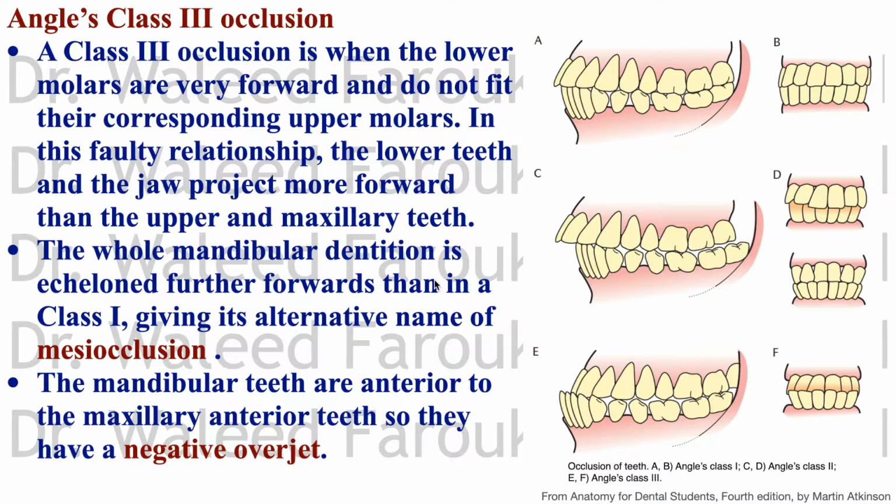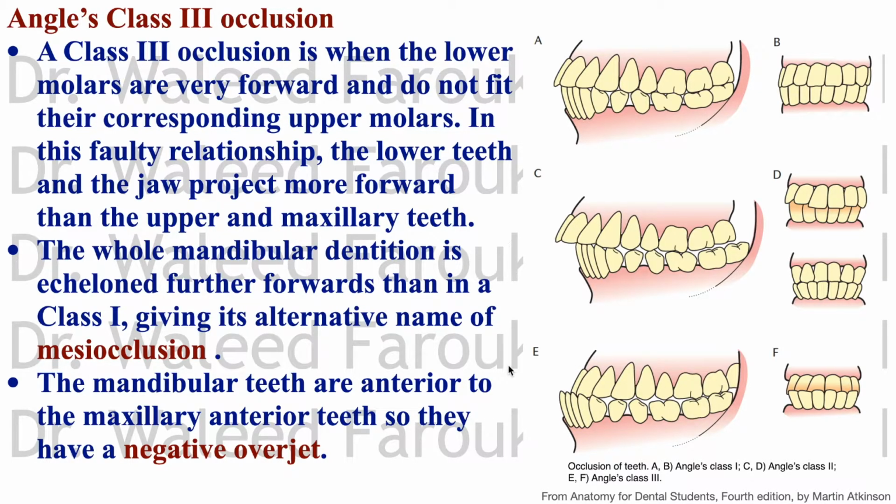Angle's classification 3 occlusion, or class 3 occlusion, is when the lower molars are more forward than the upper dentition. So here you can see the mandibular teeth in a state of negative overjet, I mean more forward than the maxillary incisors.